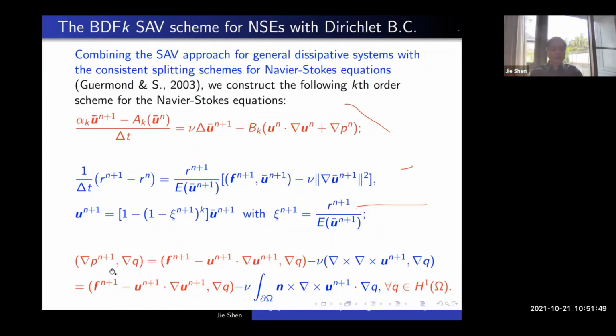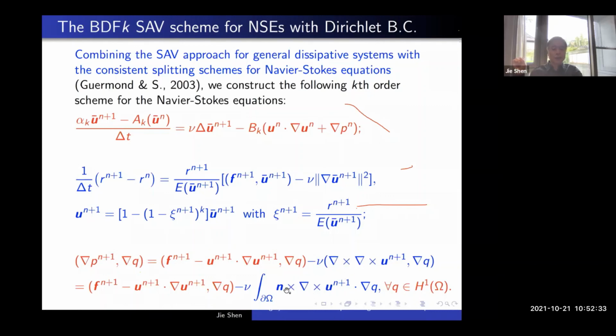For the last step, for the periodic case, you solve a strong pressure Poisson equation. But for the Dirichlet case, we are going to solve a pressure Poisson equation in the weak form with a modified boundary condition. The correct boundary condition here should be the Laplace U, but if you use Laplace U here, then the scheme is unstable.